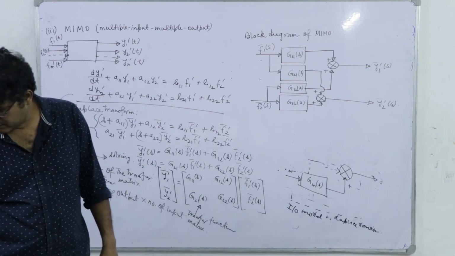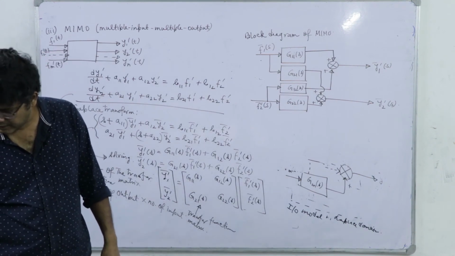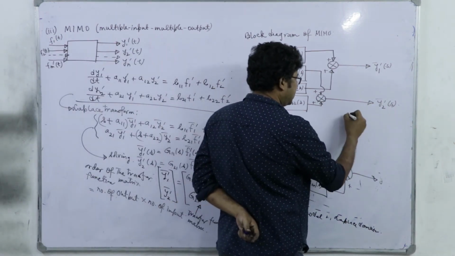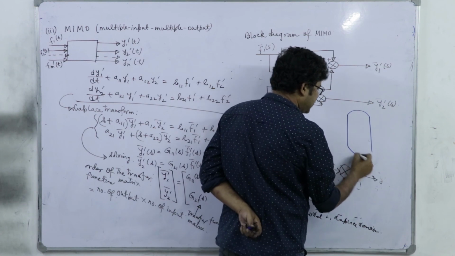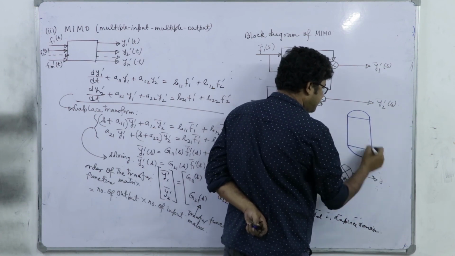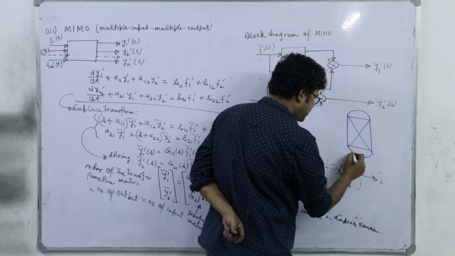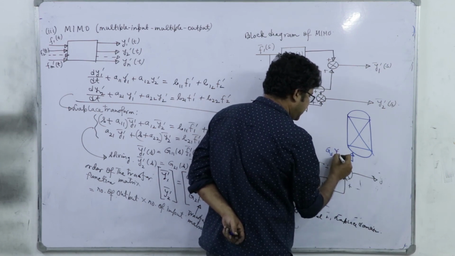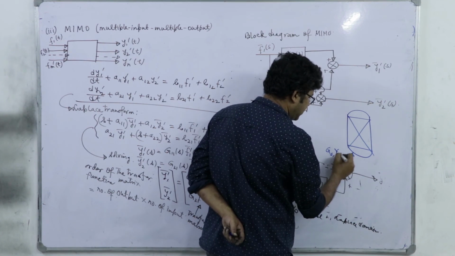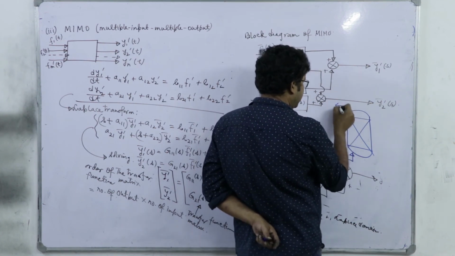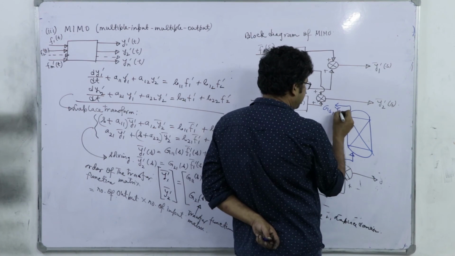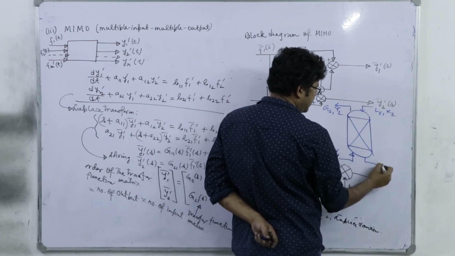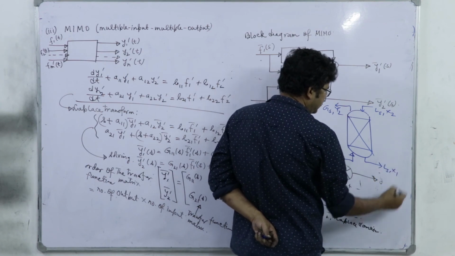Now you see, just in a real life example of chemical process industry, we can think that it's an absorption column. So here we have GS Y1, and this is GS Y2, LS X2 and LS X1.